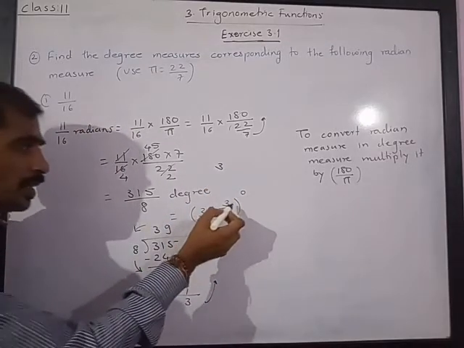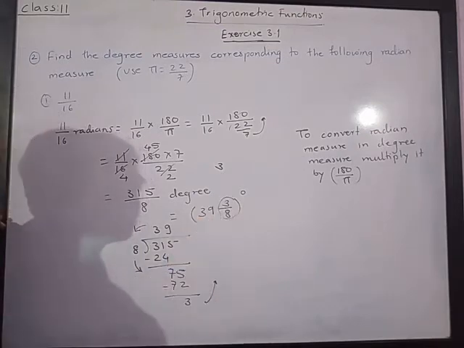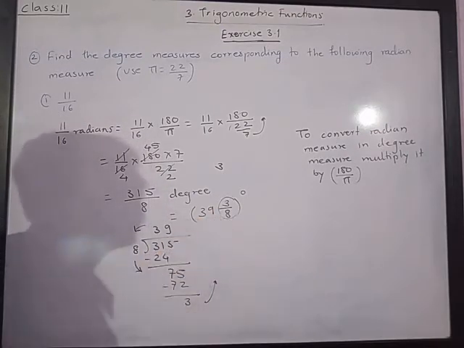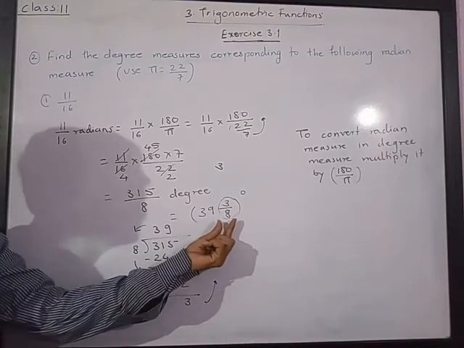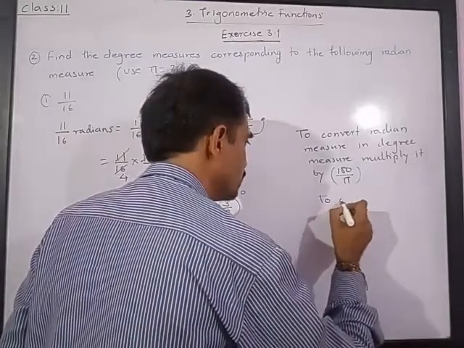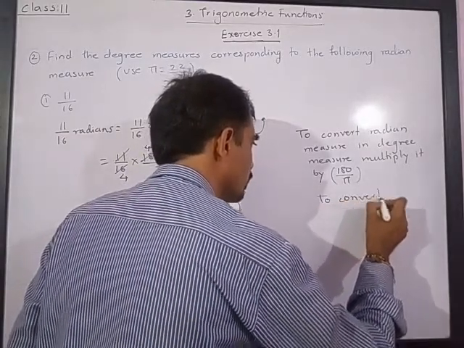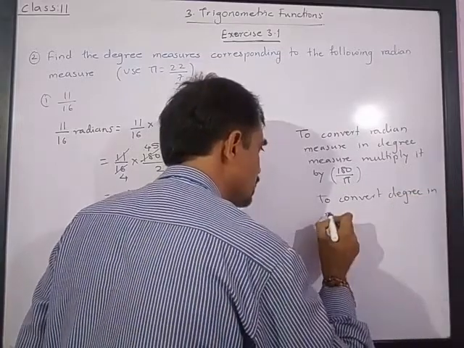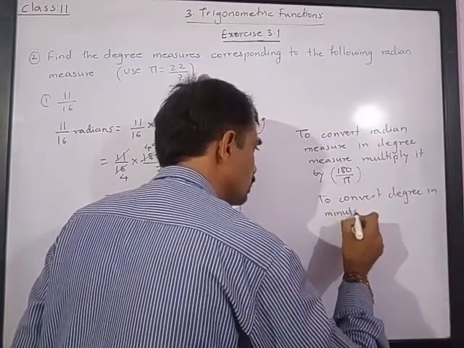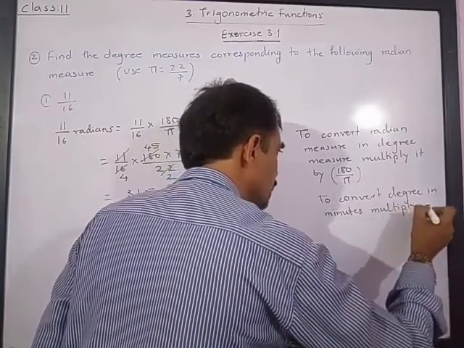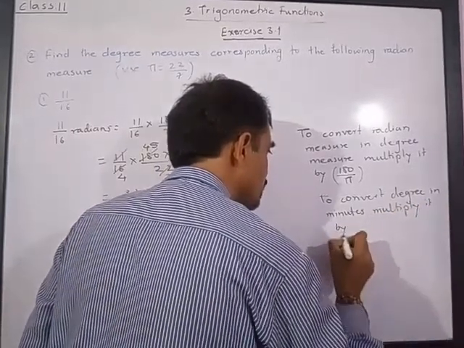Now see, this 3 upon 8 is nothing but a fraction of a degree, which means it is in minutes. So if you want to convert it into minutes, multiply it by 60.